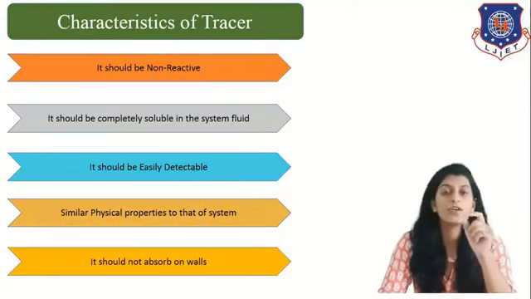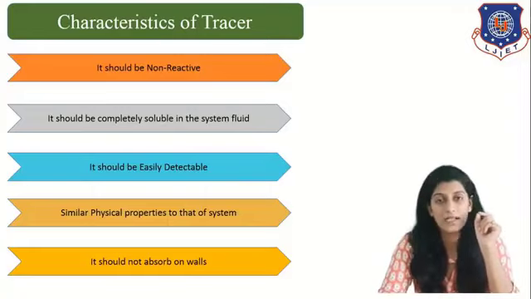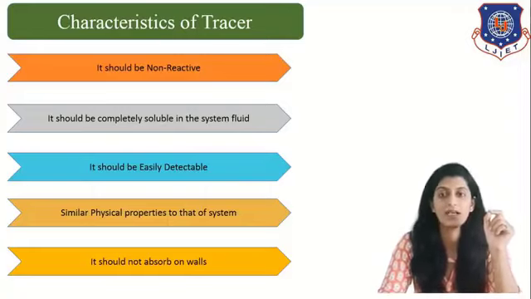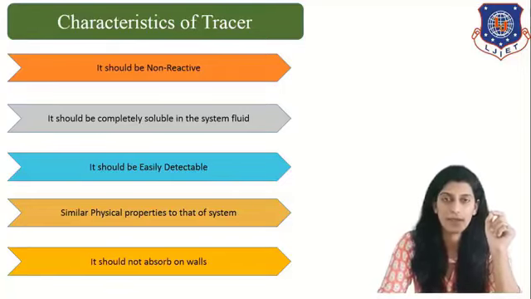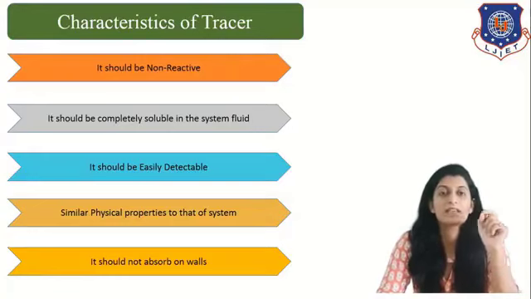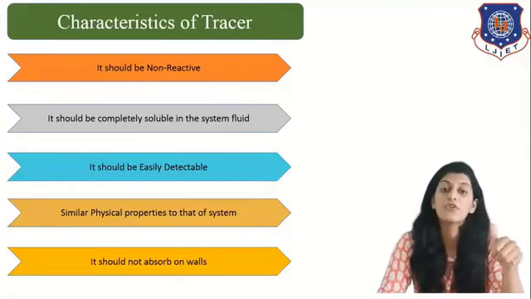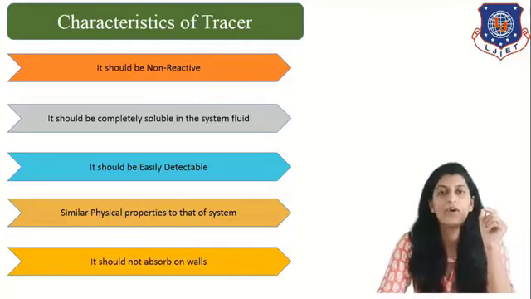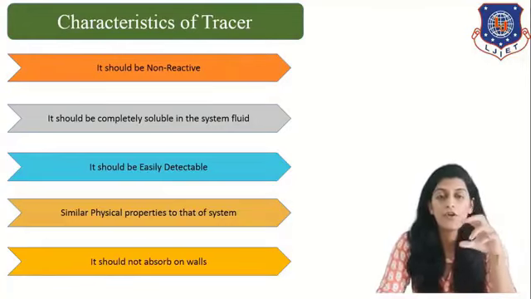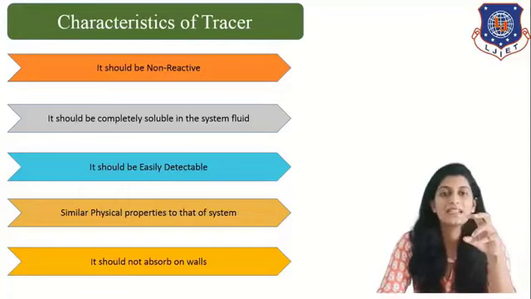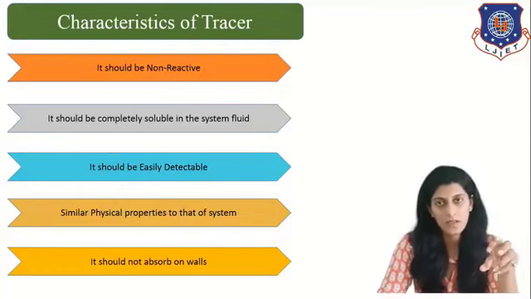The second characteristic which we must understand while selecting a tracer is that it should be completely soluble in the system fluid. That means the physical property of the tracer should be almost similar to that of your system fluid. Why are we saying so? Because if it is similar, then and only then it can give us the proper flow pattern and the proper residence time distribution, right?